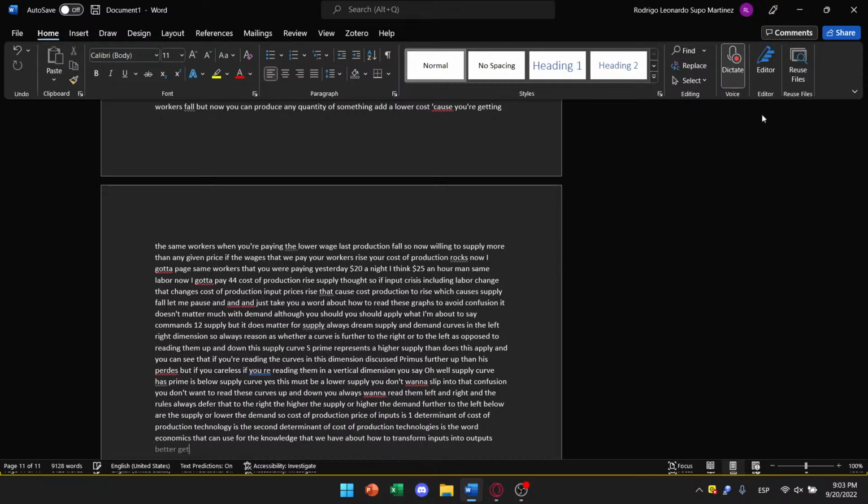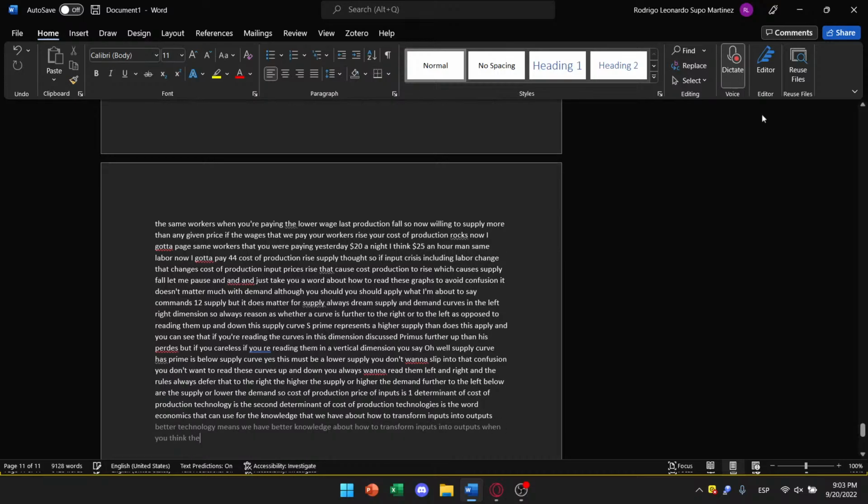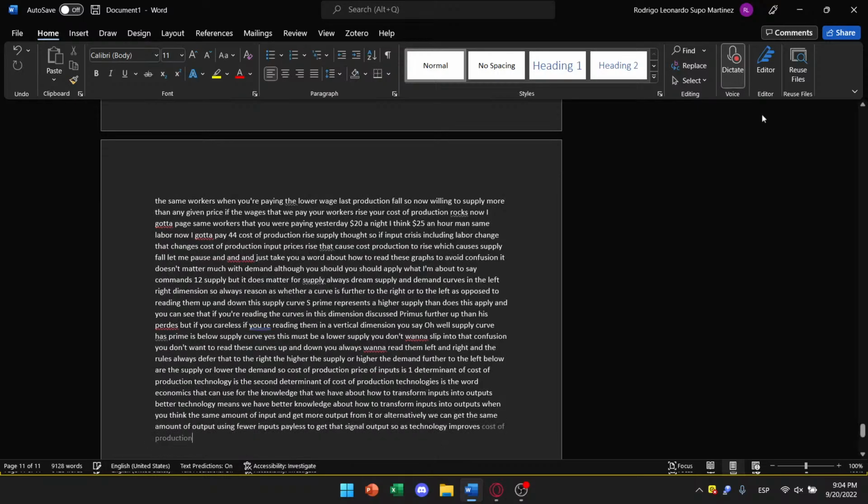Better technology means we have better knowledge about how to transform inputs into outputs. We can take the same amount of input and get more output from it. Or alternatively, we can get the same amount of output using fewer inputs, paying less to get that same amount of output. So as technology improves, costs of production fall, and hence supply rises.